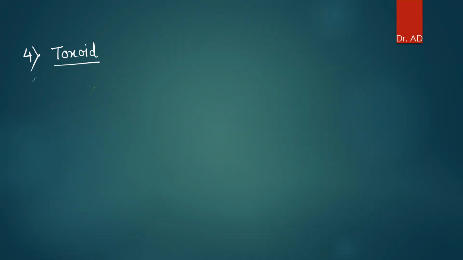So now the point is that if these exotoxins can be neutralized, meaning made inactive, non-toxic, most importantly inactive, then what might happen? Any idea what might happen? Then the disease will not occur. As simple as that, the disease will not occur.